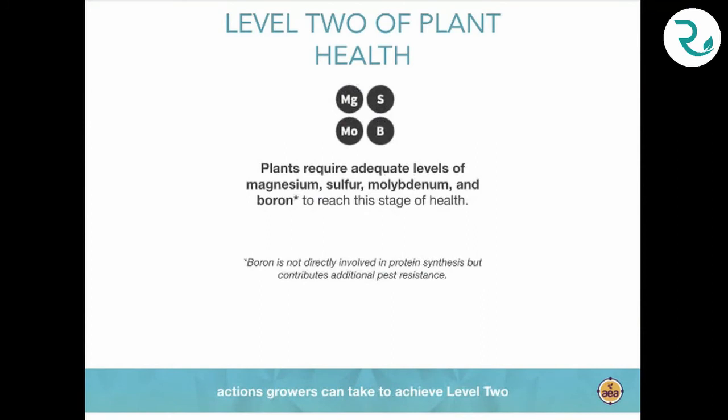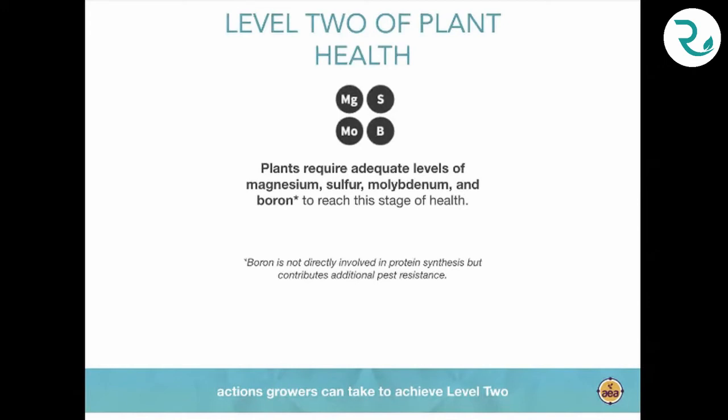To get to level 2 of plant health, plants require adequate levels of magnesium, sulfur, molybdenum, and boron. 4 nutrients, and there's some overlap. Magnesium is also present in level 1. So if you notice, these first 2 levels of plant health can be achieved purely as a result of nutritional balance, chemistry balance, which means that crops can be turned around very quickly.